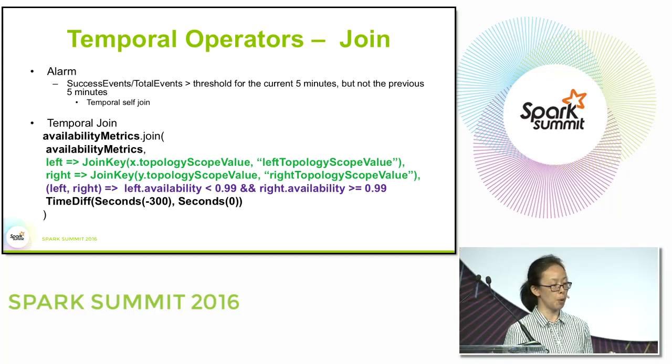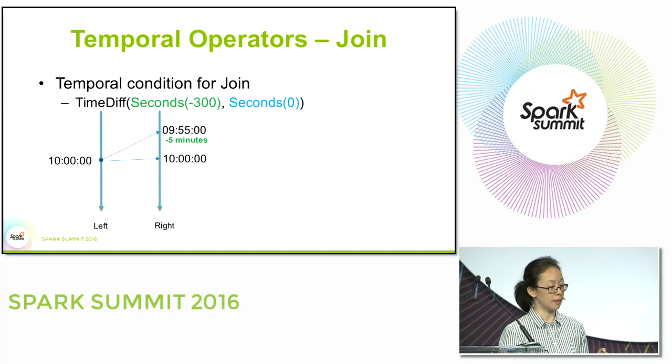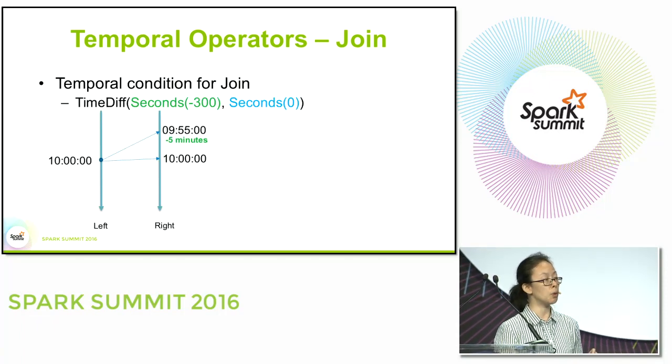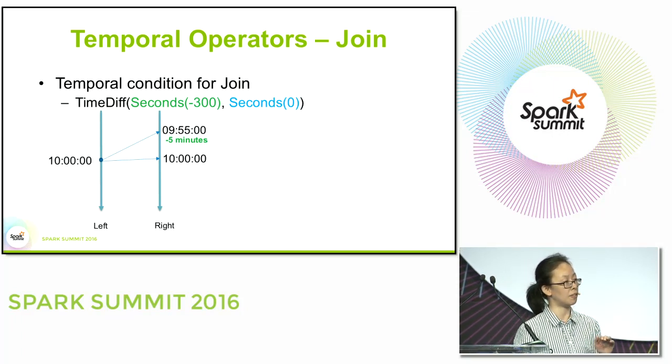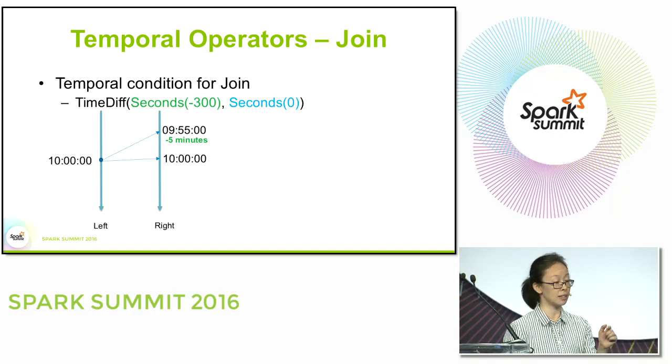So in this example, our temporal constraint is for each event on the left, you will need to join it with an event with a range of events on the right. The range is the past 5 minutes. That's negative 300 seconds, right?